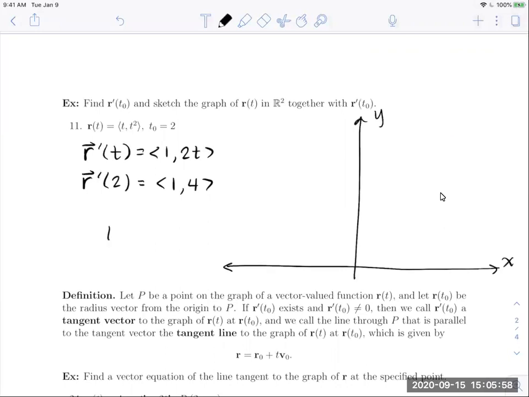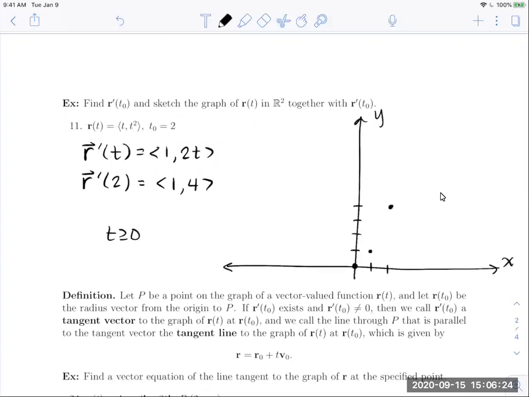I'm just going to do it for t greater than or equal to 0, but certainly you could also do it for negative t values. So if I plug in 0 for t, I get 0 out for x and y, so 0, 0. Next, let's plug in 1 for t. I get out 1 for x and 1 for y. When I plug in 2 for t, I get out 2 for x and 4 for y.